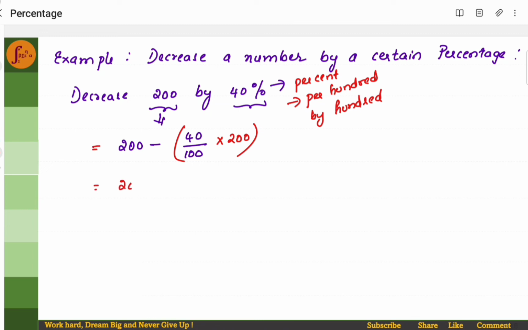So this will become 200 minus 40 into 2, which is 80. So this is going to become 120. So the result is 120 rupees. So I have decreased by 80 rupees. 80 rupees is 40% of 200, and I have decreased this 80 rupees from 200.